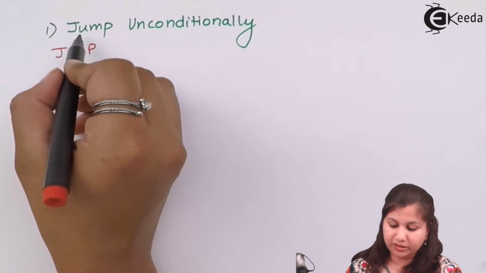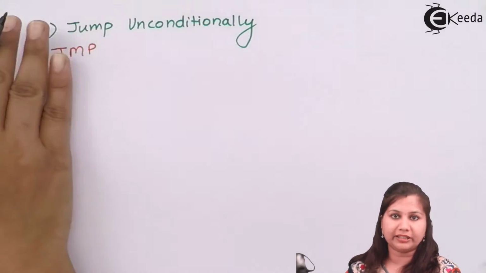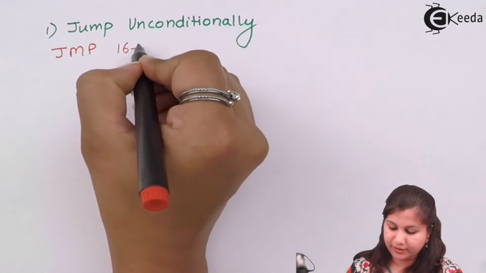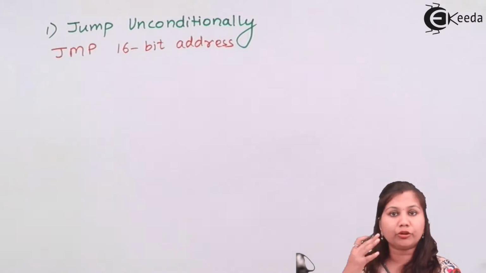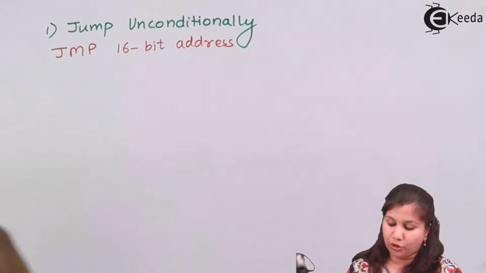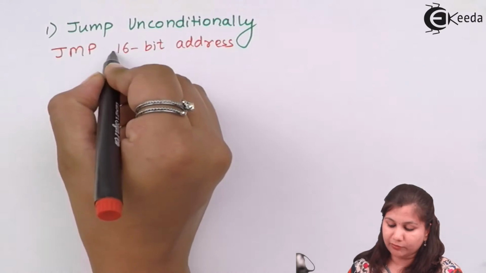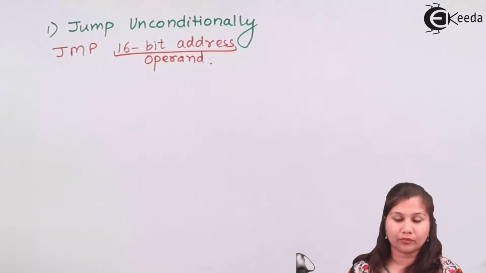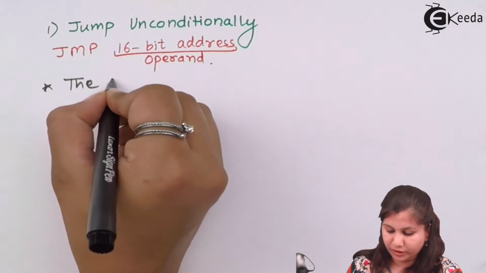This instruction means that the microprocessor has to jump, and there is no condition specified in the instruction. Now after this jump instruction, a 16-bit address is specified, because if the microprocessor has to shift to some other memory location, we have to specify the address of that memory location. So that address is specified in the instruction. The 16-bit address will be the operand in this instruction. So what this instruction is doing, the program sequence is transferred.